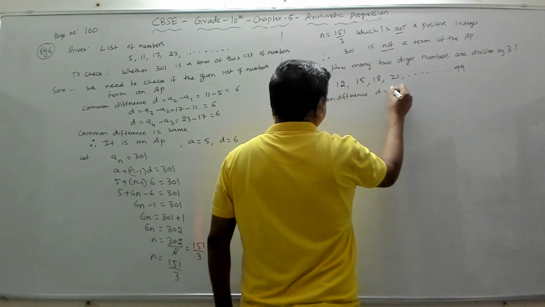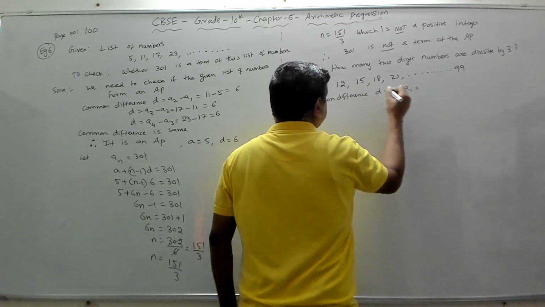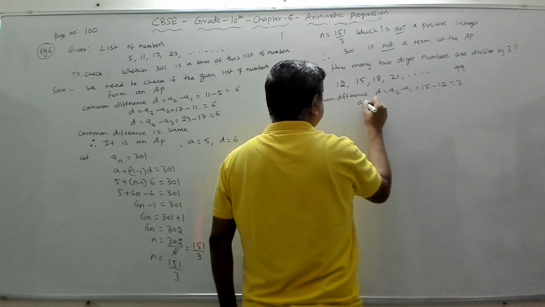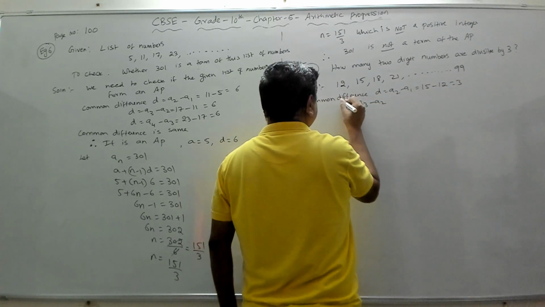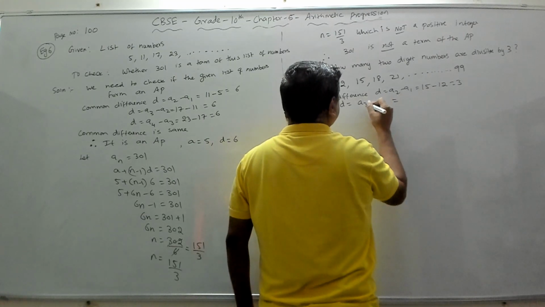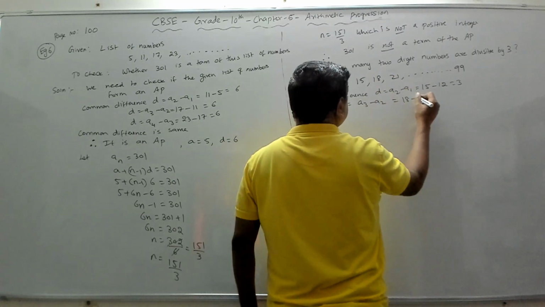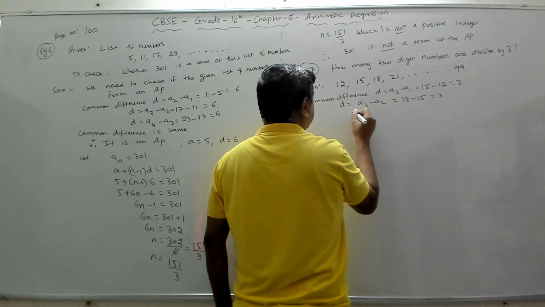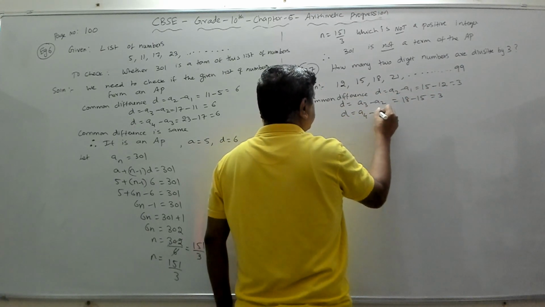Let's find A2 minus A1. A2 is 15. 15 minus 12 is 3. Similarly, A3 minus A2, which is D: A3 is 18, minus A2 which is 15, that is also 3. Then D is A4 minus A3.